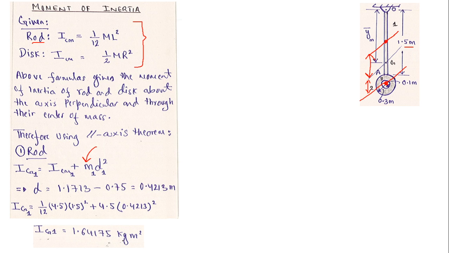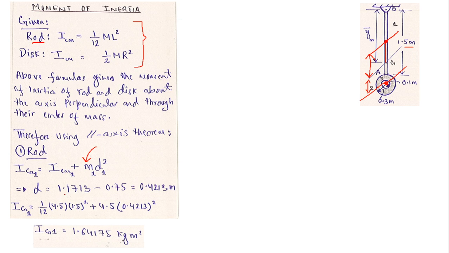So for the rod, the distance between this axis that is passing through the centroid of the rod and this axis that is passing through the center of mass of this entire volume will be this distance, and this distance will be this value minus this value, which is 0.75.